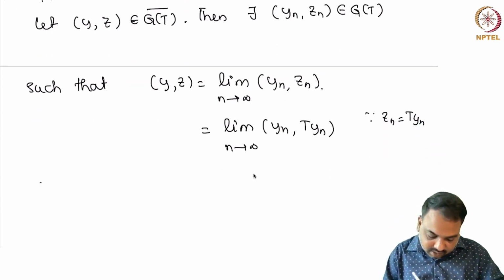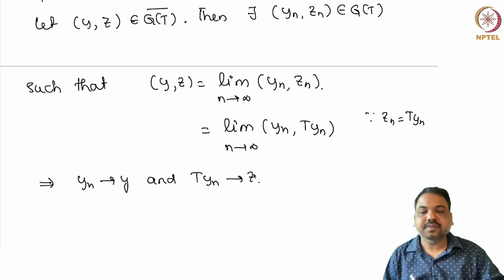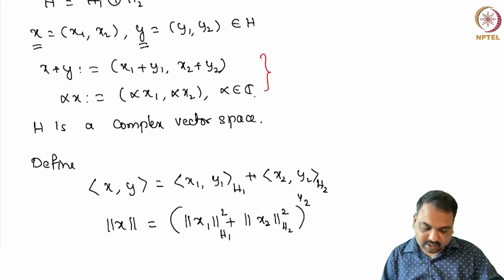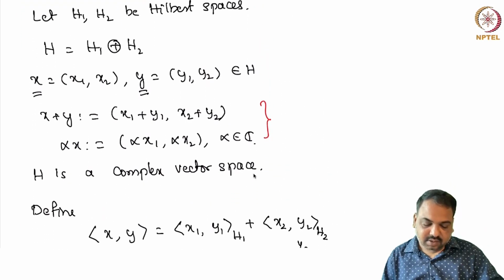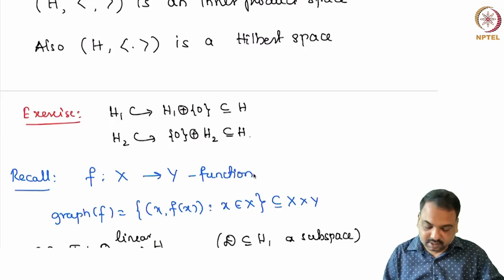Now from this we can conclude that yn converges to y and Tyn converges to z. This we can easily show: whenever we have a sequence converging in H1 direct sum H2, the corresponding components converge in H1 and H2 respectively.